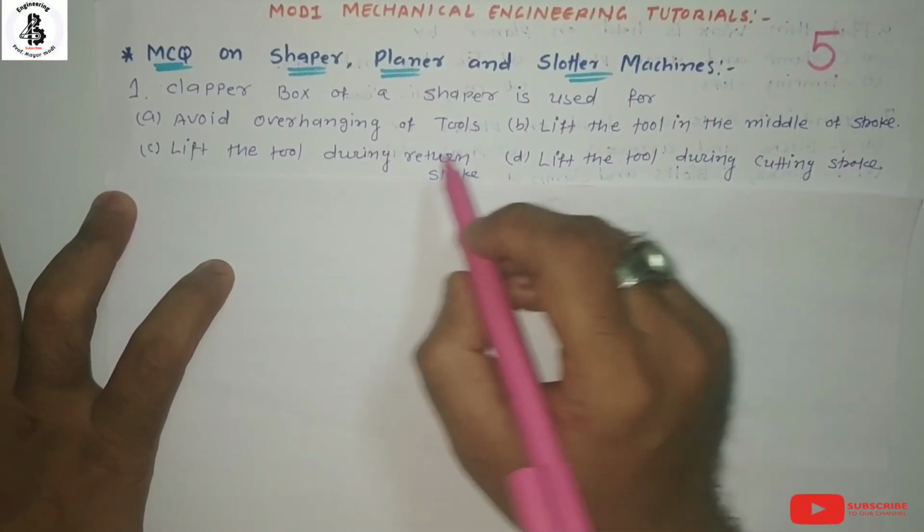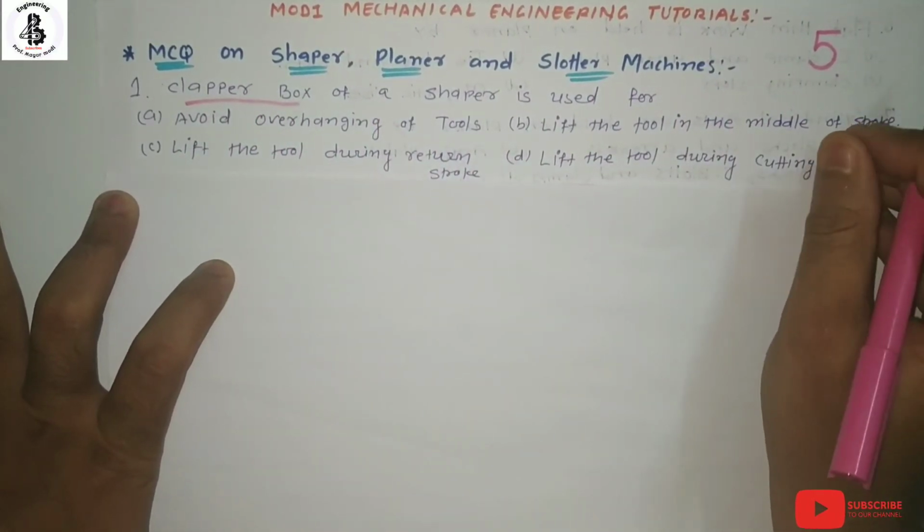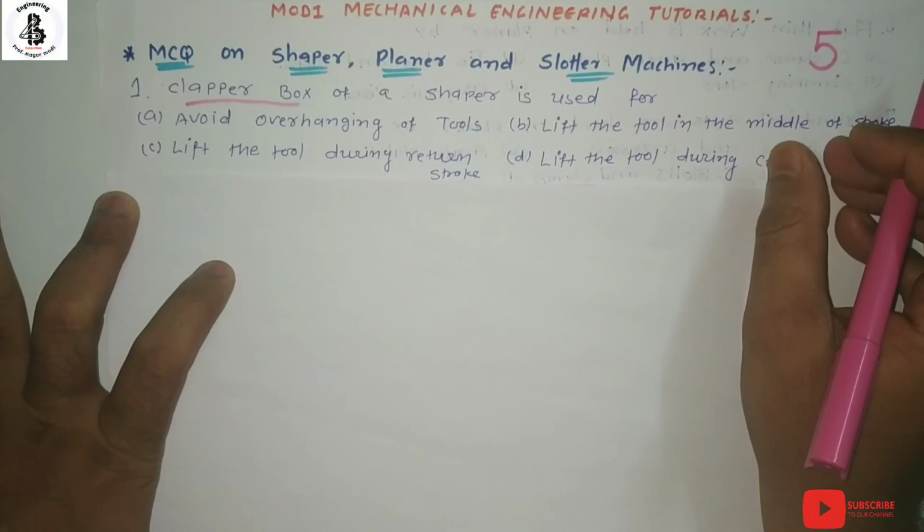So basically the clapper box in a SHAPER machine is used for lifting a tool.